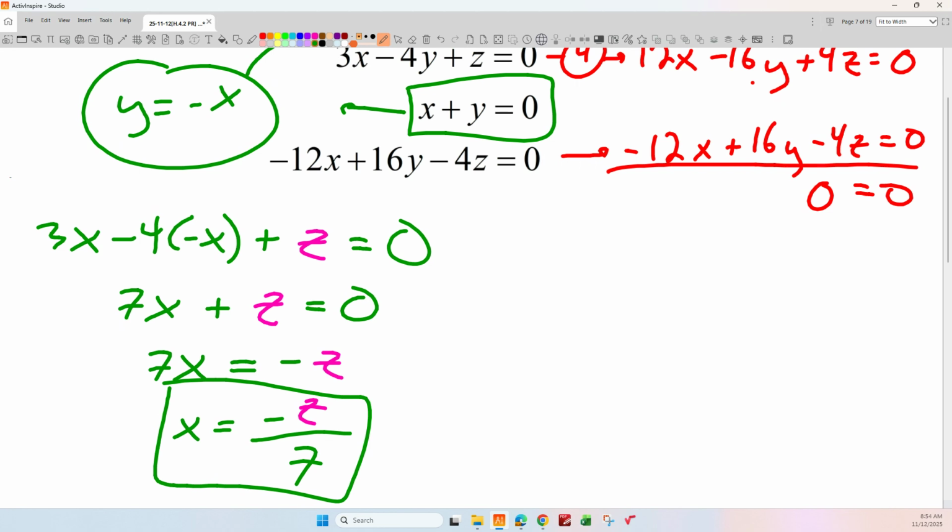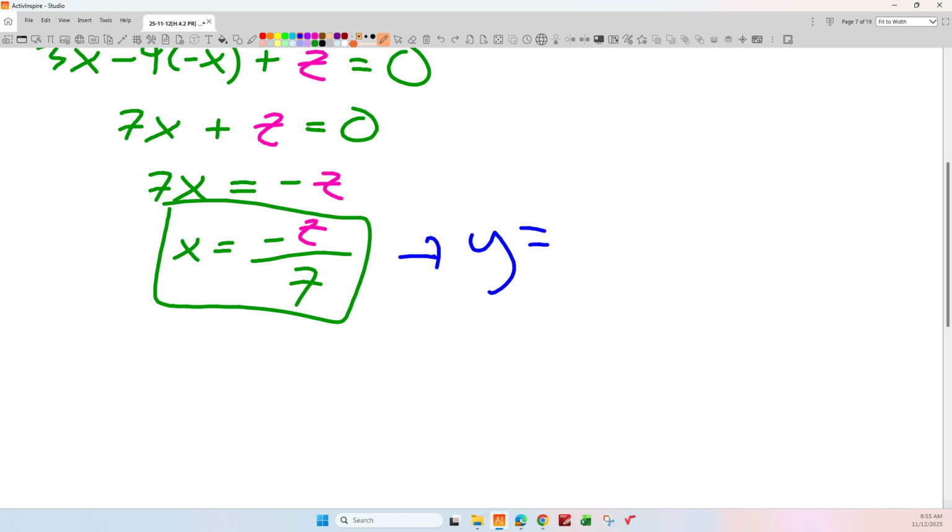just like we did with a two-dimensional line, right? I can do the same thing for y. I know that if y is equal to negative x, then what's going to be the value of y in terms of z? y equals negative x, right?